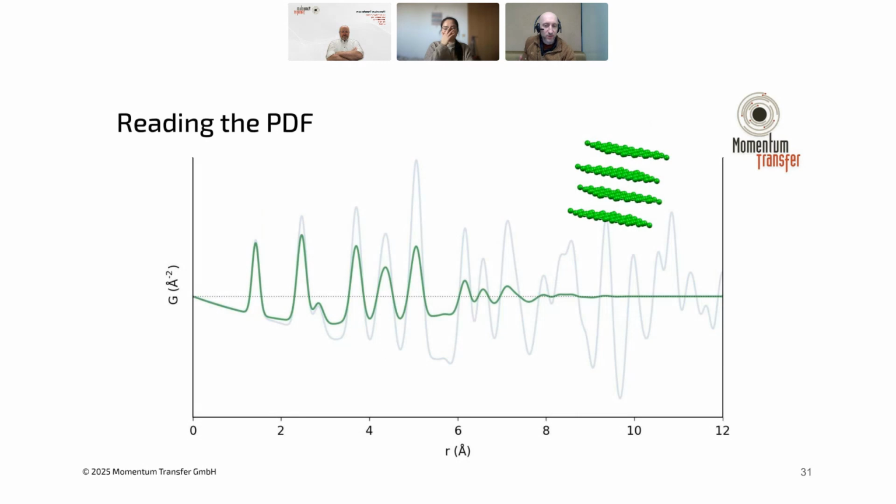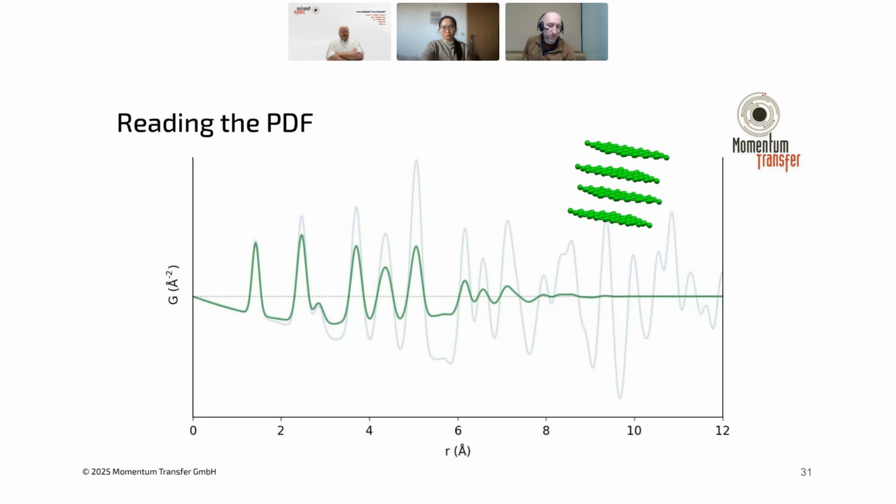And then if we look at the longer range properties of the signal, the damping profile of those peaks has to do with the size of my coherent domains. As I approach either the surface of a particle or a grain boundary, or I just have enough defects built up in the material, I will reach a point where I can no longer predict where the distance of the next atom pair will be.